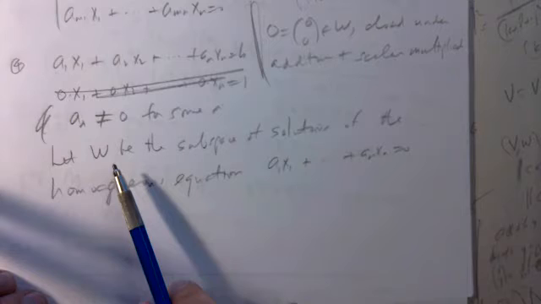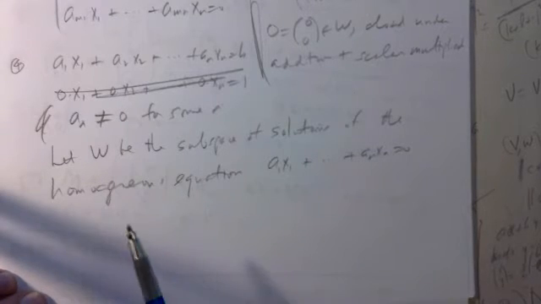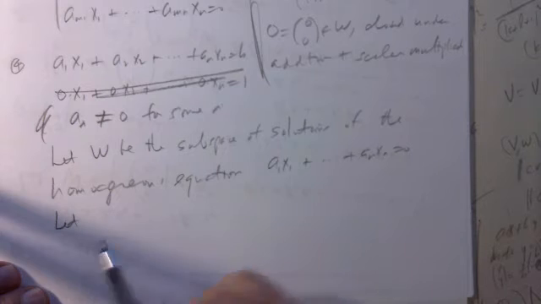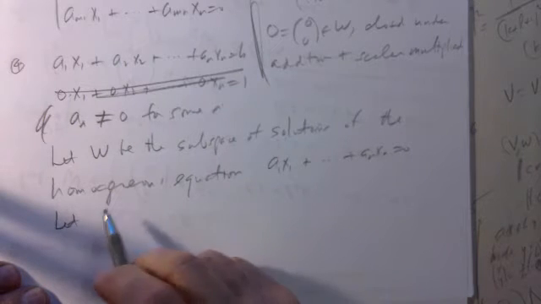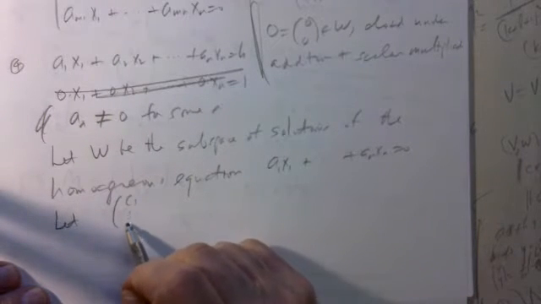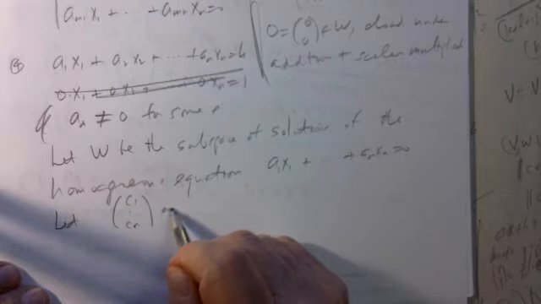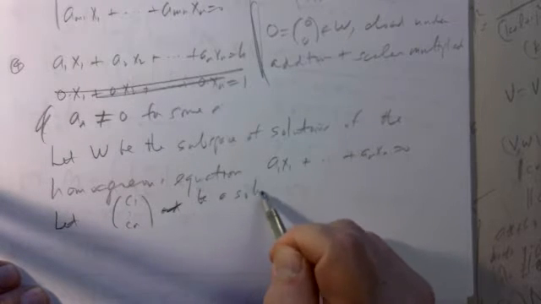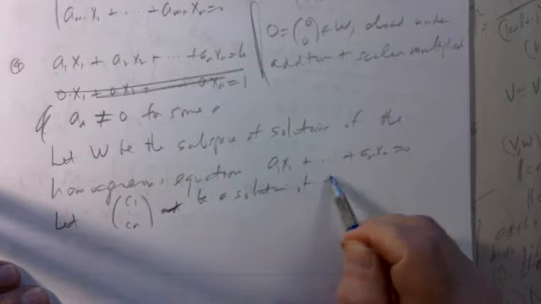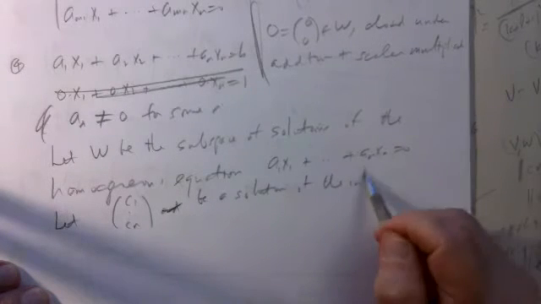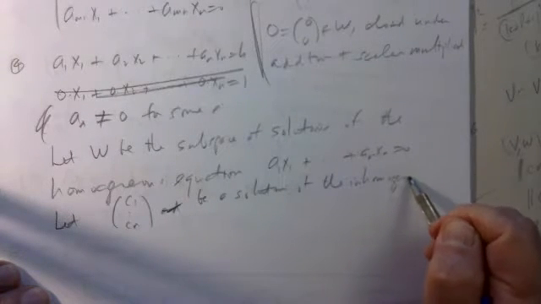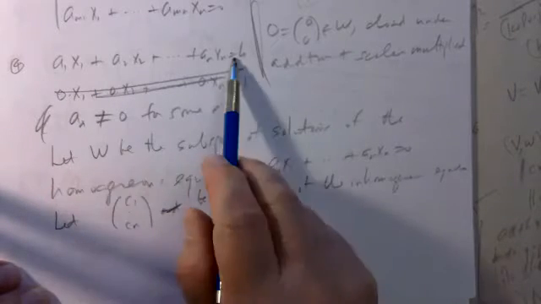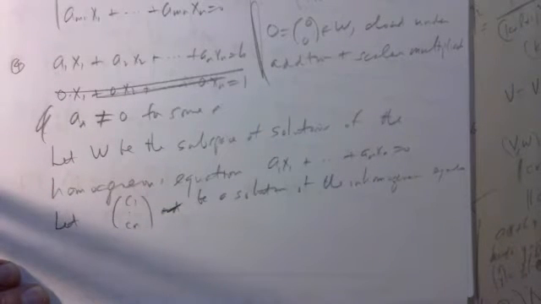So I proved a moment ago in problem 3 that this is a subspace. Suppose we let c1 up to cn be a solution of the inhomogeneous equation. That is, if you put in the c's here, you get b.